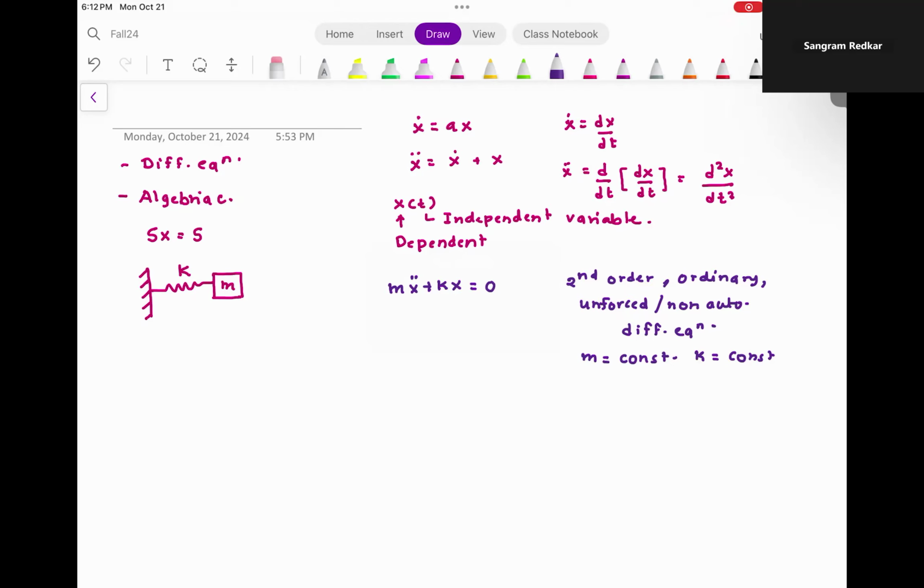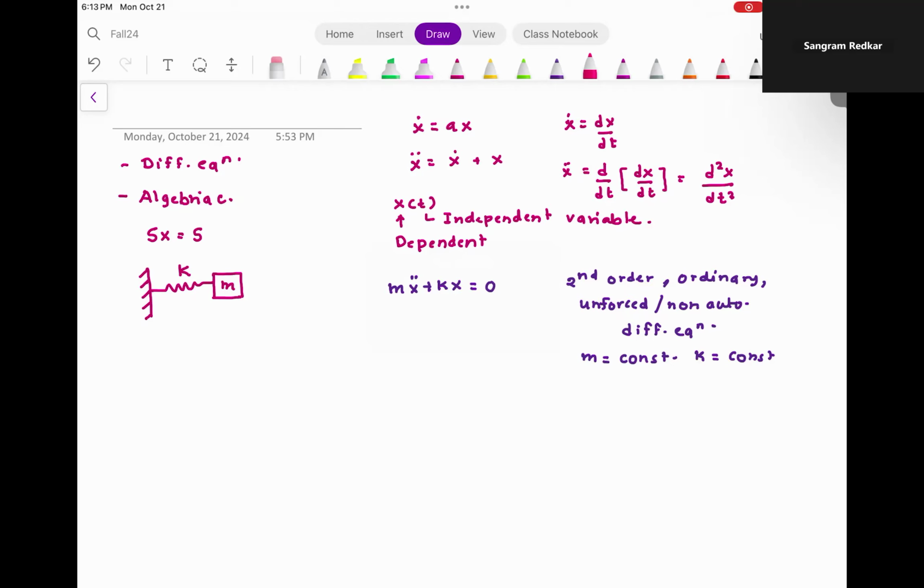The most general way to solve this equation is I'm going to assume a function for x. I'm going to substitute that function on the left hand side of that equation. And if all said and done, I get the right hand side equal to 0, which means the function that I have found is the solution of this differential equation.